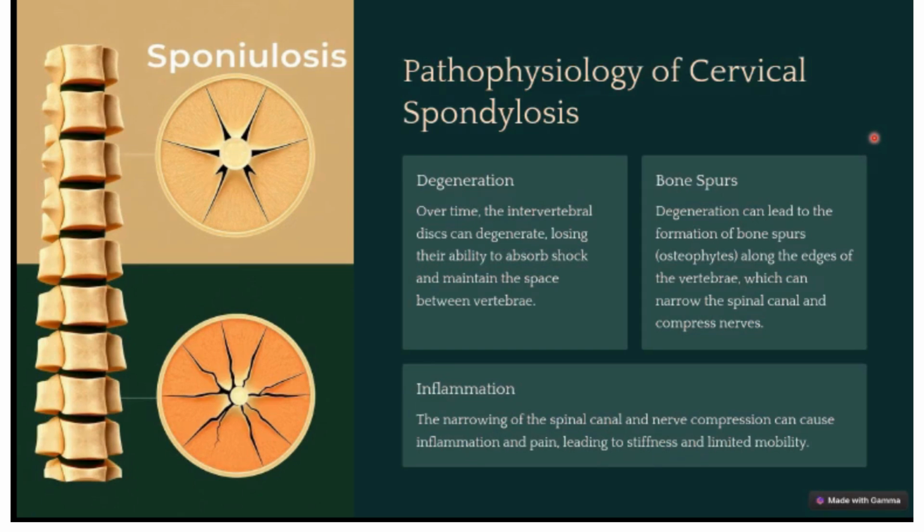These bony growths can compress the nerve, which leads to pain, stiffness and sometimes numbness or weakness in the arms and the hands. In some cases, the spinal cord itself may be compressed, causing more severe symptoms.